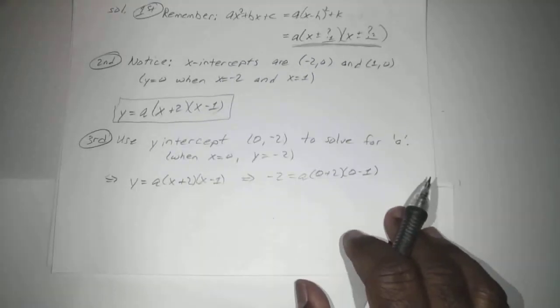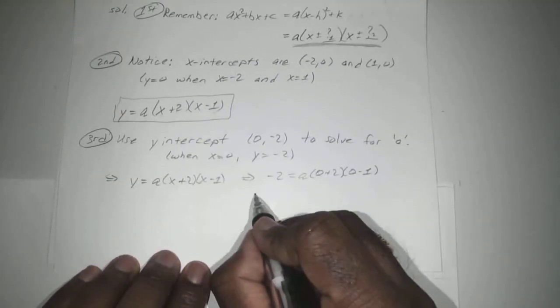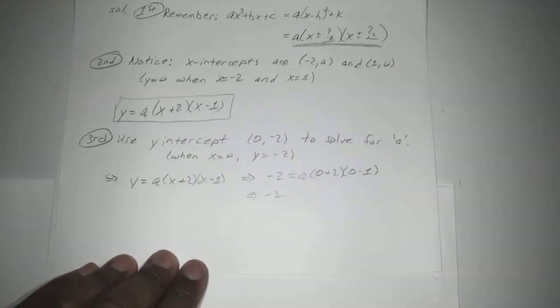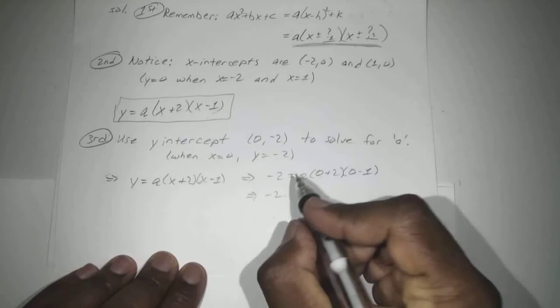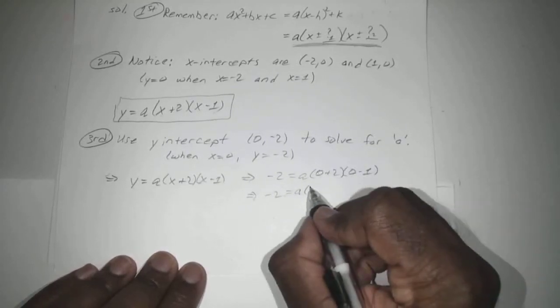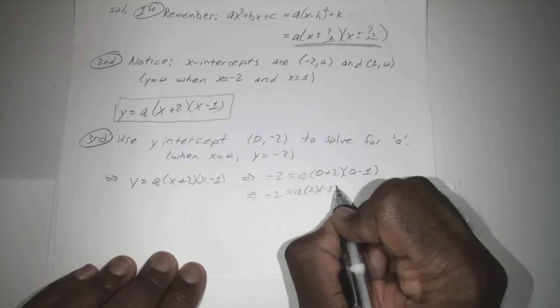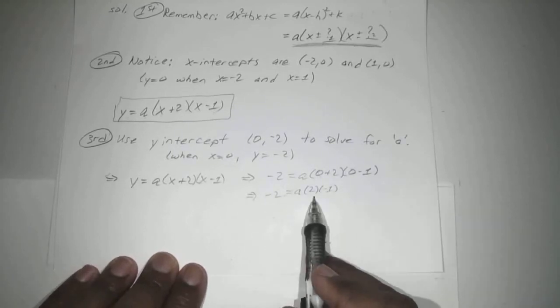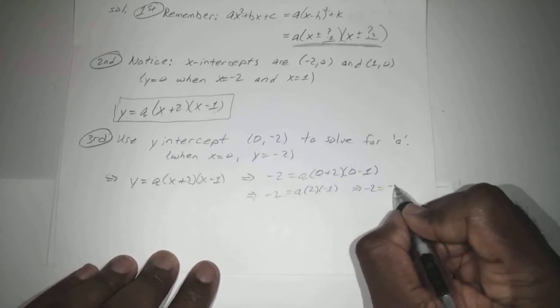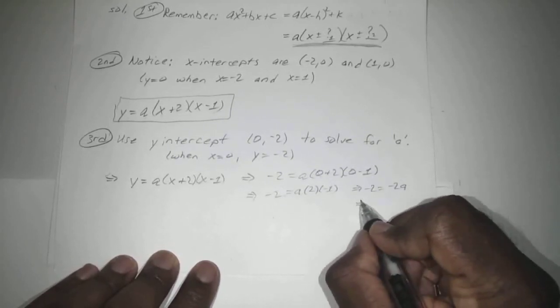So this is -2 equals a times 2 times -1, or -2 equals -2a, or a equals 1.